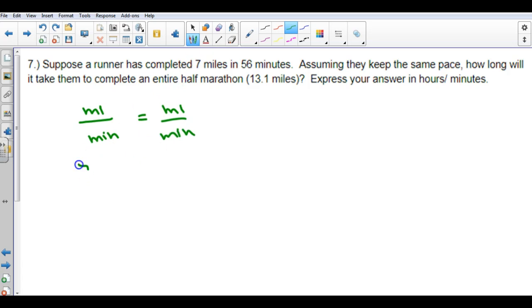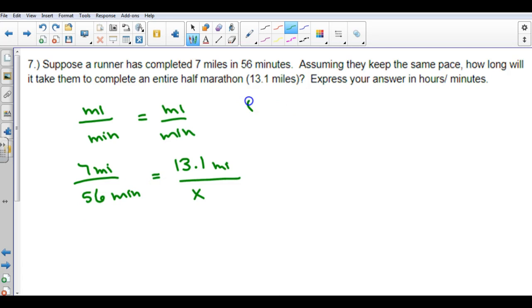Meaning what I could do is take 7 miles over 56 minutes, and we could set that equal to 13.1 miles, which is the total, and then for how many minutes that is, I would put an x there. This is one way of going about this.